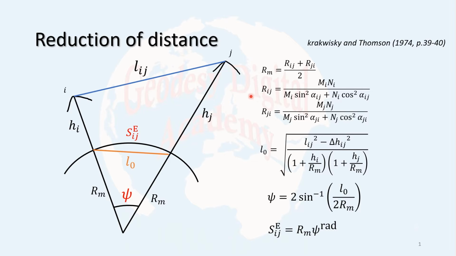Here is the formula of the Eulerian radius from I to J, and this one is the same radius from J to I. And as you see, both of them are functions of azimuths, direct and reverse azimuths.